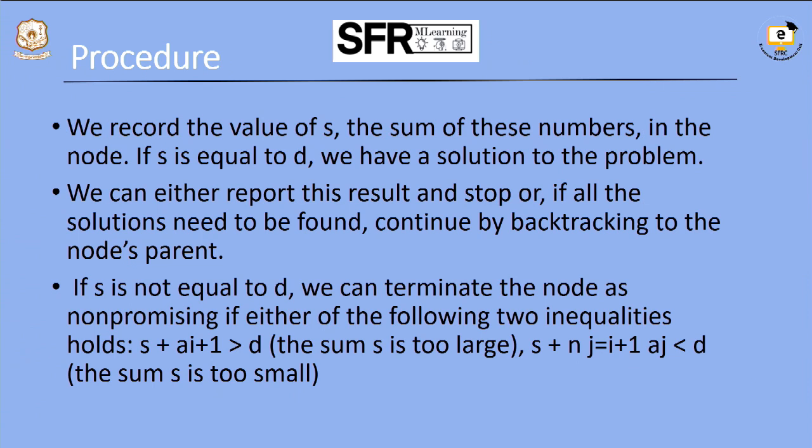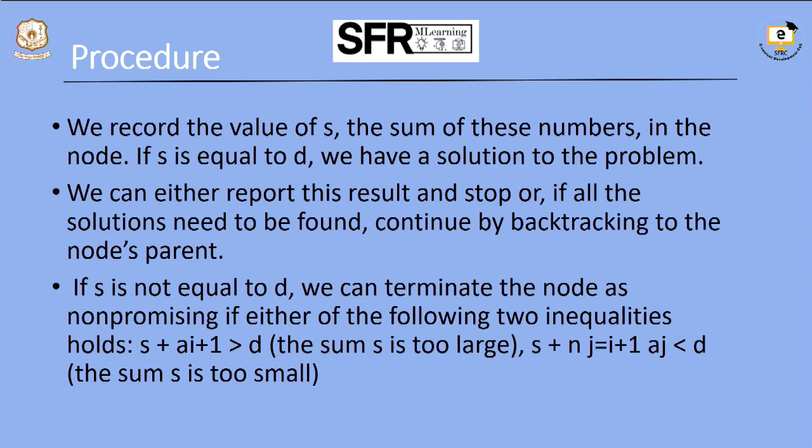If one solution is sufficient, we can stop saying that we have achieved the solution. So we have the non-promising node condition checking by finding the sum of the values currently up to Ai including, and the next Ai plus 1 if I add, if it becomes greater than D, then you can say that it is non-promising because the sum is too large, or if even after adding all the values it is going to be less than the D value, then we can say that the solution is not possible.